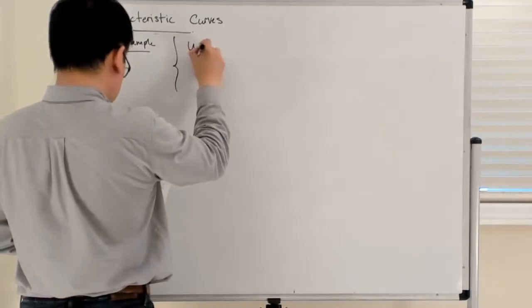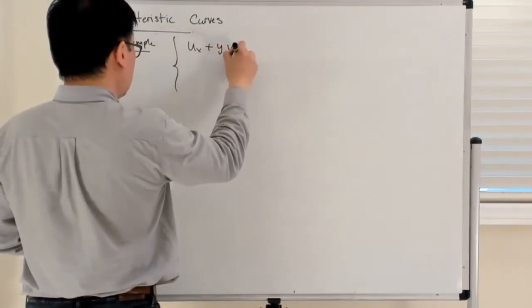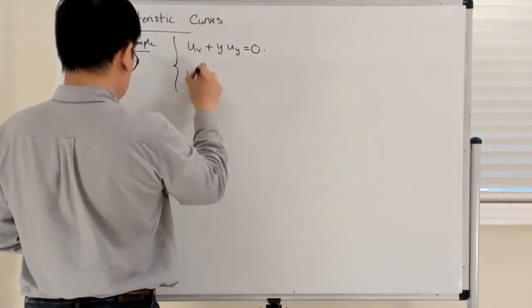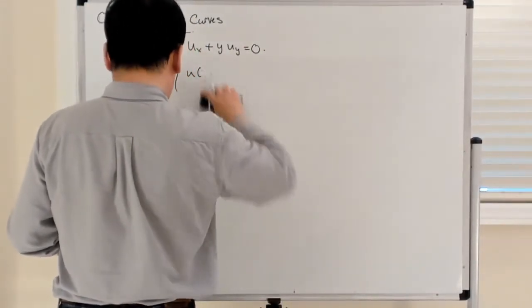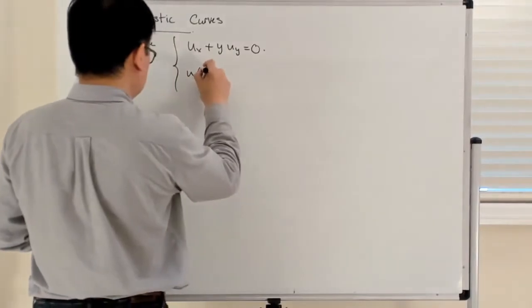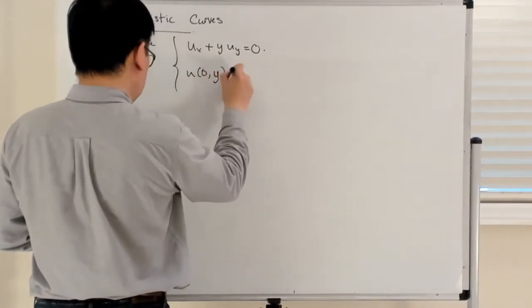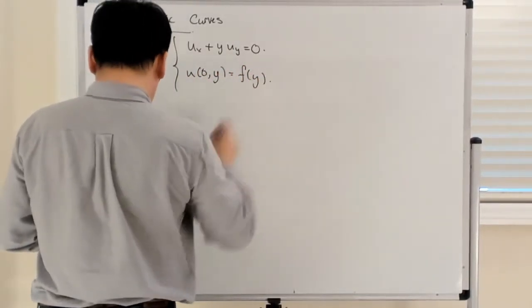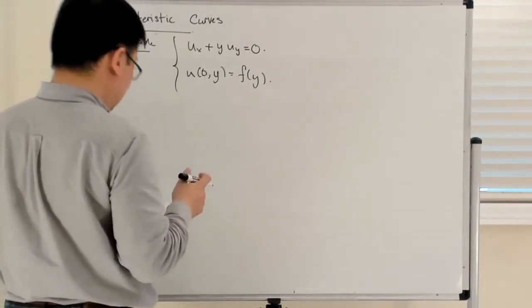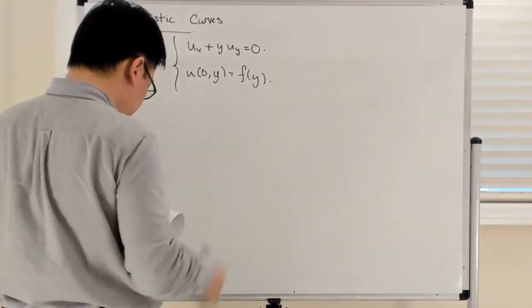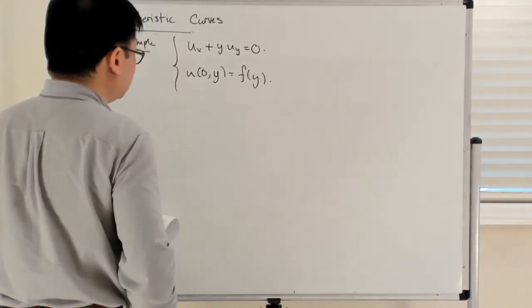So let's say you have u_x plus y u_y is equal to 0, and u(0, y), so now changing the boundary condition slightly, is equal to f of y. As before, I want a defining equation which says that u is constant.